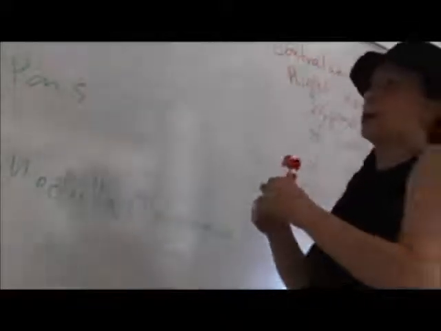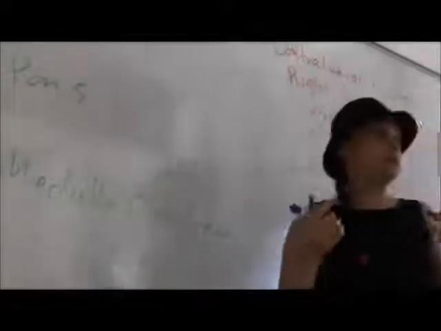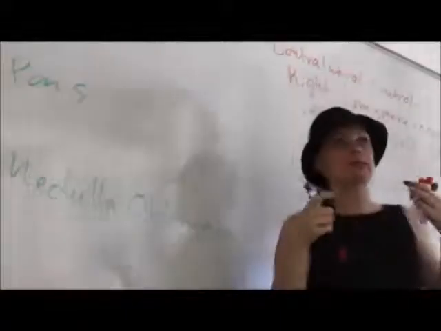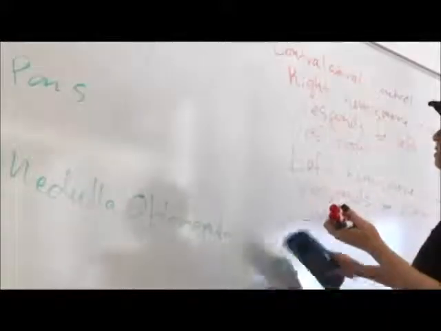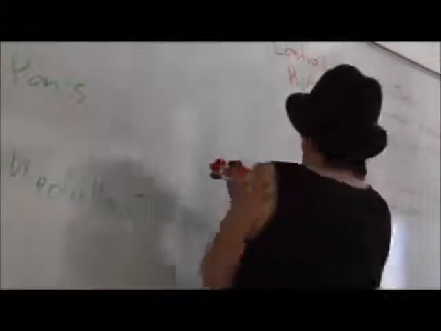In 90% of individuals, the left brain controls things like analysis, math, language, logic, all of that's handled in the left brain. In the right brain, this is where we have things like artistic ability, visuospatial processing. So in 90% of individuals, that's how it works.